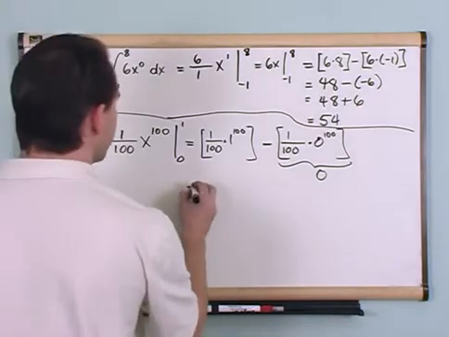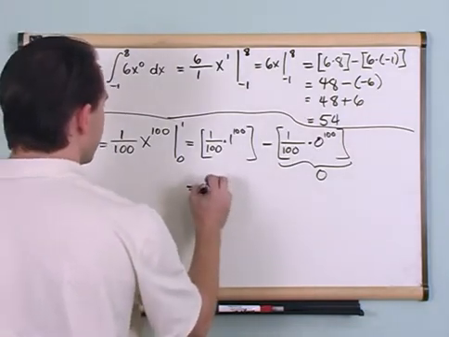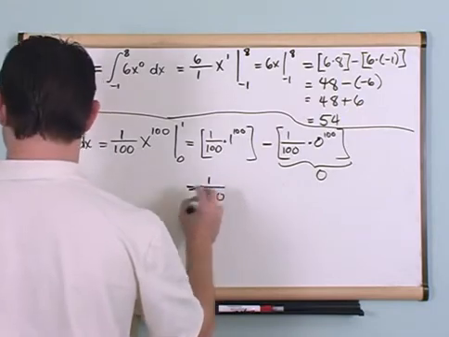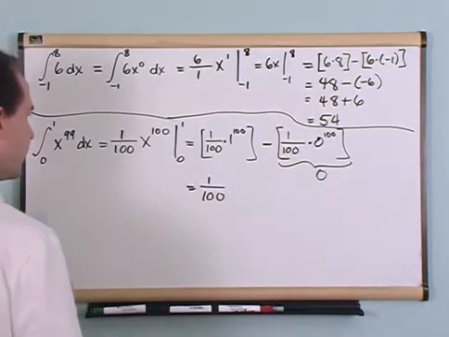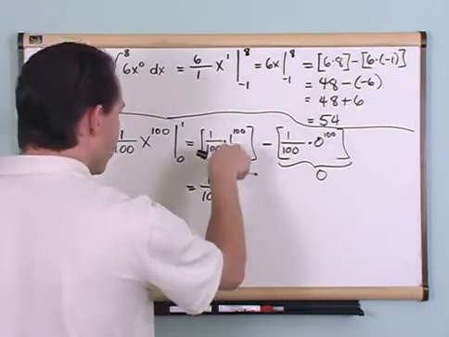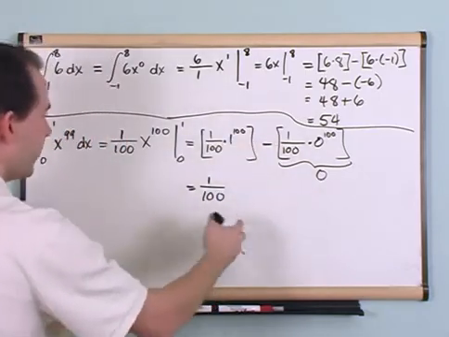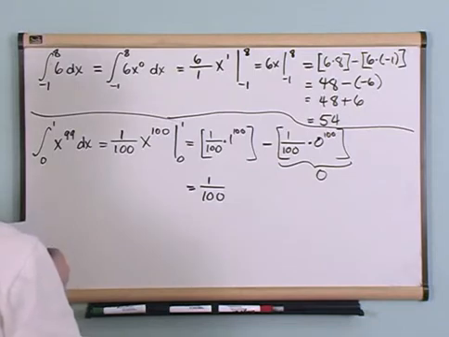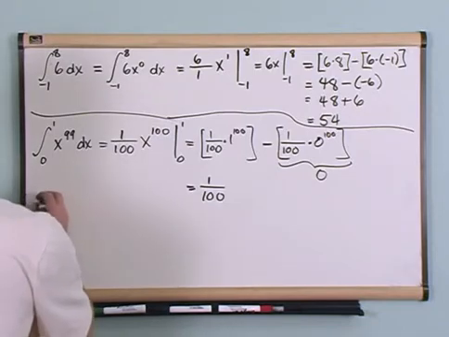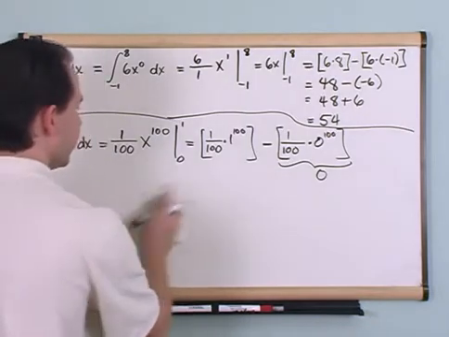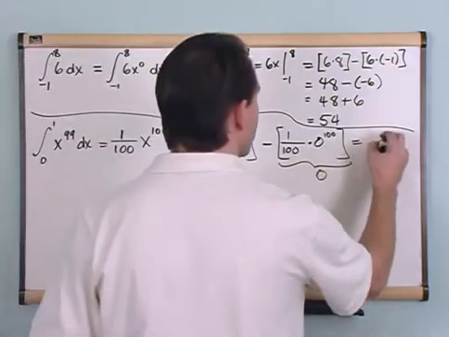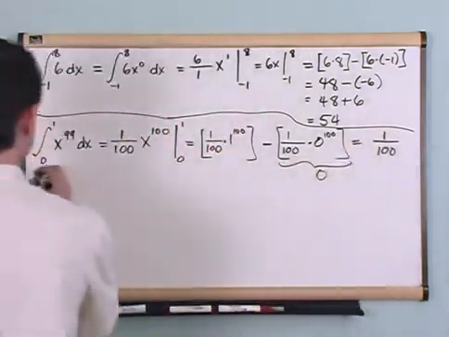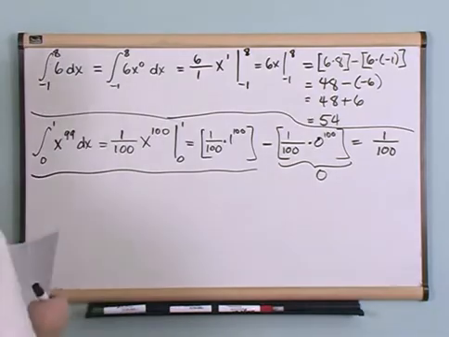And so in the end, what you're going to get is 1 over 100, which is the answer, because you have 1 over 100 times 1. 1 to the 100th power is just 1. This goes to 0, so that's your answer. Okay? So to save a little space, I'm going to say this is equal to 1 over 100, just like we just said, and I'm going to work another problem right underneath here.